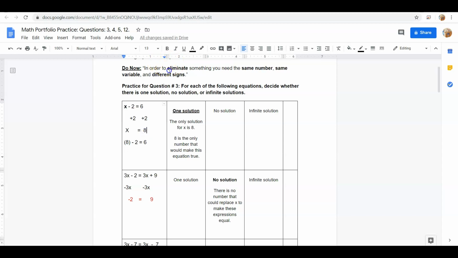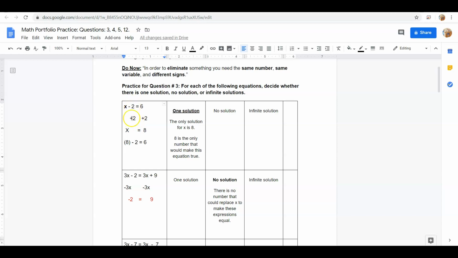To eliminate something, you need the same number. So here's -2. Same number is 2. I need the same variable. This 2 does not have one, so we're good. And then I need different signs. So this is negative, which means I put positive here. And I just put it underneath it, and it's going to eliminate.